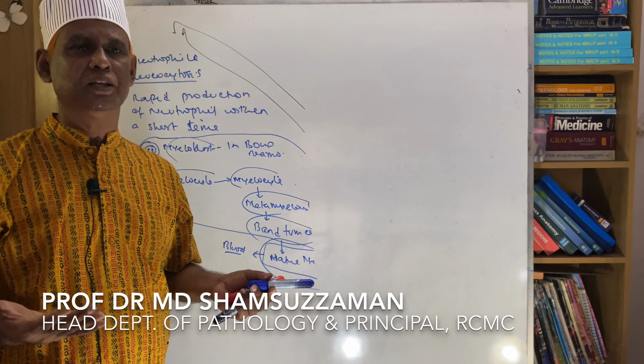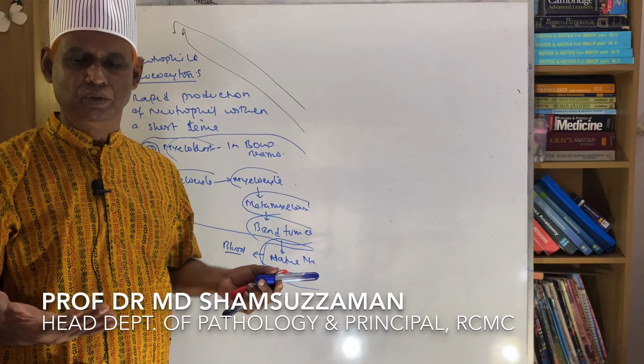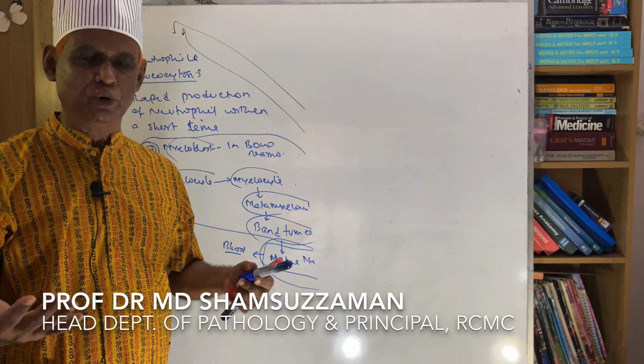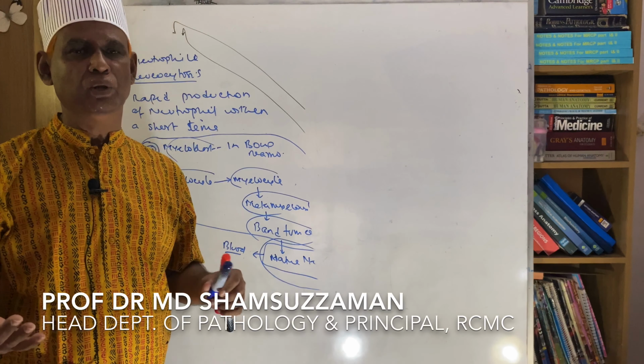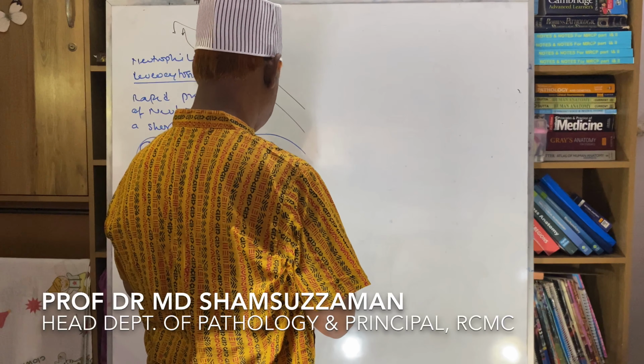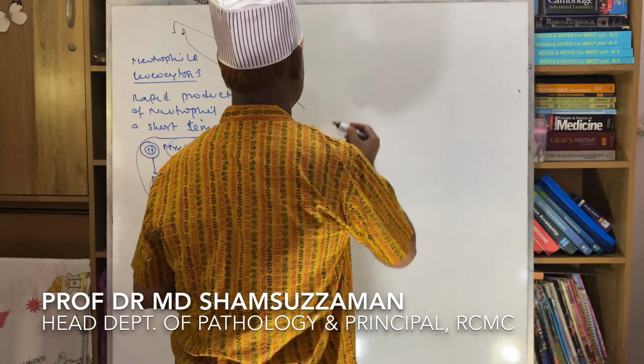So clinically the patient resembles leukemia. Blood picture suggests leukemia, but if we do bone marrow of that patient, bone marrow will not suggest any leukemia. So this is myeloid leukemoid reaction. Now come to lymphoid leukemoid reaction.